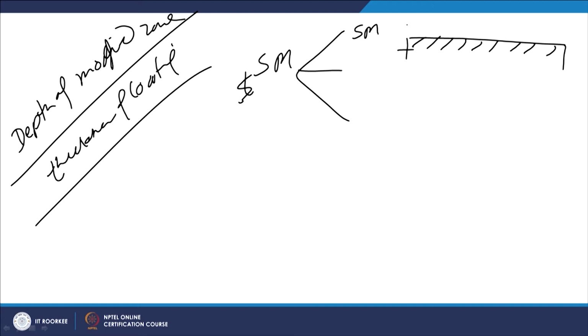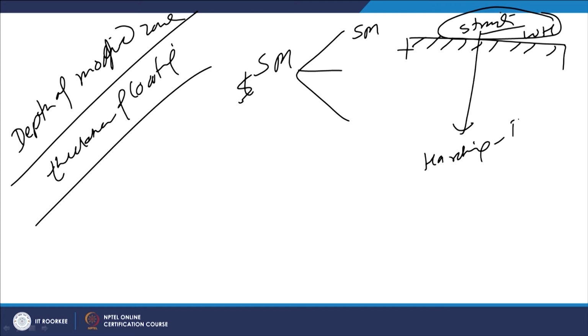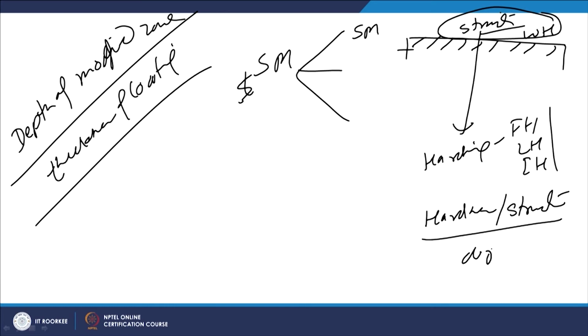So, in both the cases either structure is modified or it is work hardened in the work hardening based methods like burnishing and shot peening. So, to quantify the depth of the modified zone, in this case where transformation hardening is used like flame hardening, laser hardening or induction hardening, basically the combination of the hardness and the microstructural variation is used to quantify the depth of the modified zone.